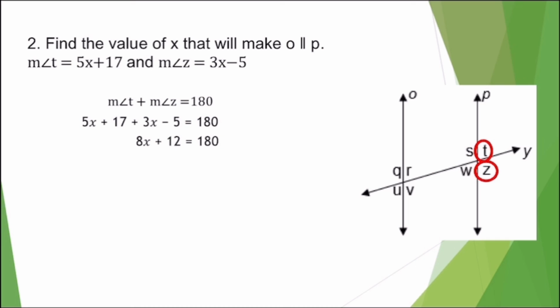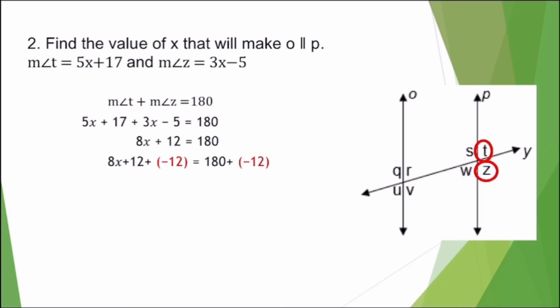And after that, let's apply the addition property of equality by adding negative 12 to both sides to cancel positive 12 on the left side. So we have now 8x plus 12 plus negative 12 is equal to 180 plus negative 12. So 12 plus negative 12 will be cancelled. So the remaining will be 8x.